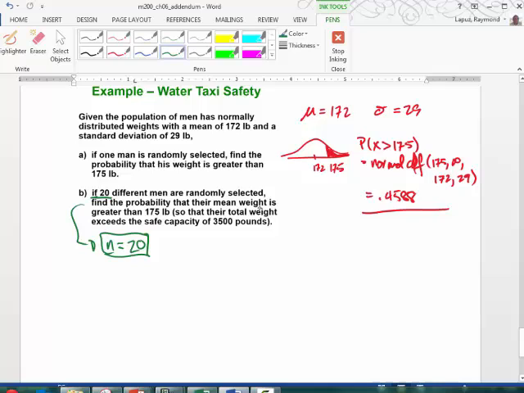Find the probability that their mean weight is greater than 175 pounds, so their mean weight here. So we can begin by doing the same business of graphing, just to give us a good idea of what our high and our low values are.